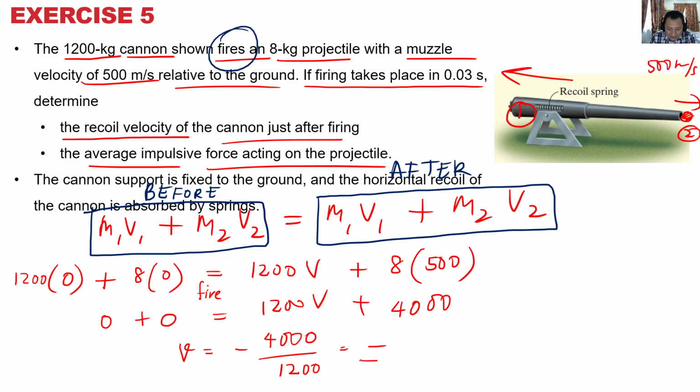You get negative 3.33 meter per second. That is the recoil of this cannon.